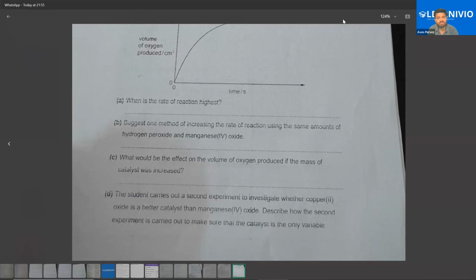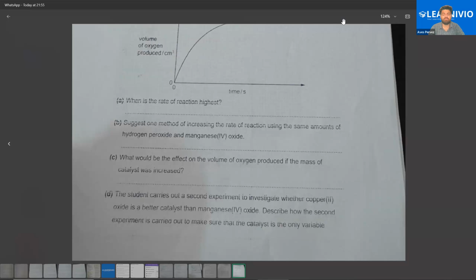Let me see what this question means: make sure the catalyst is the only variable.